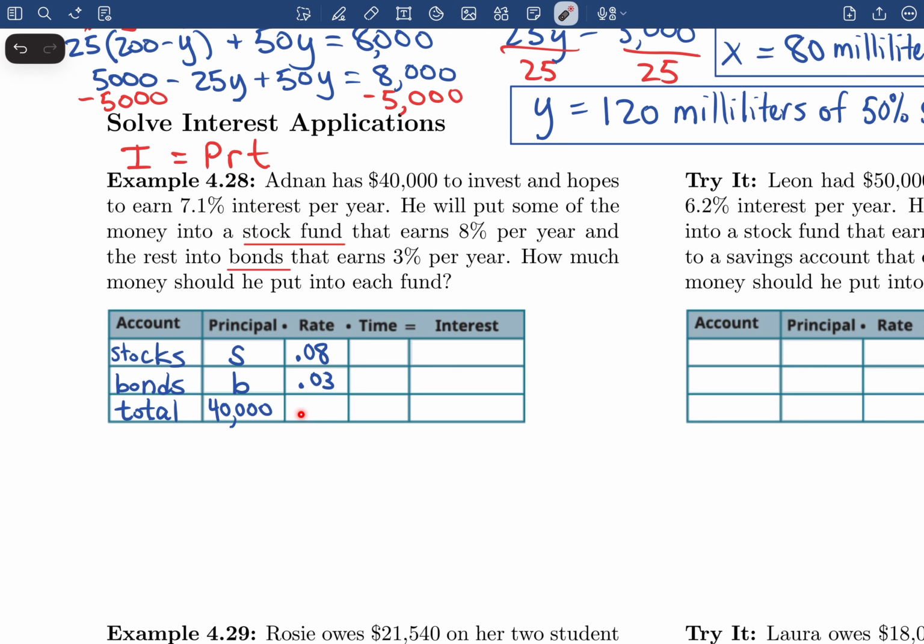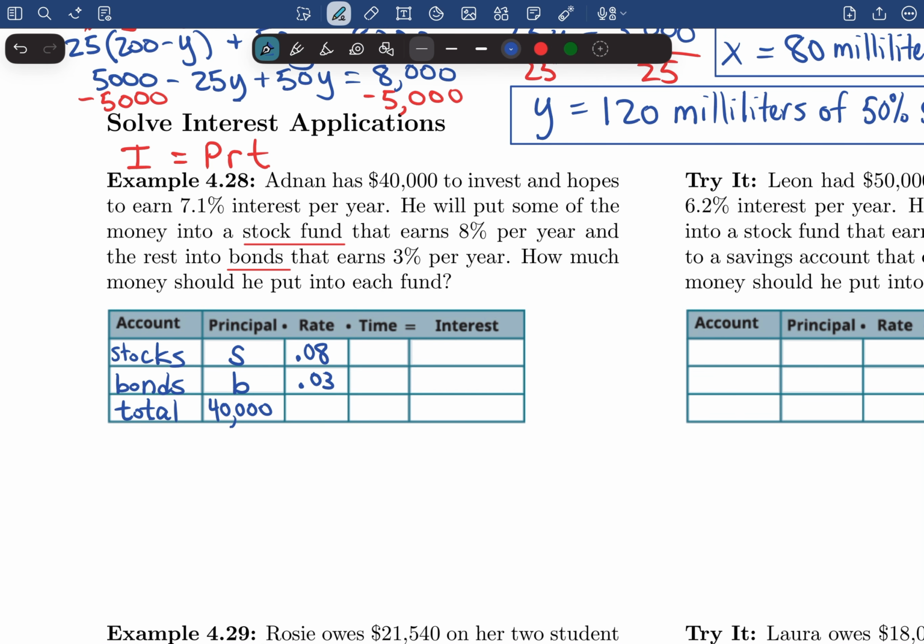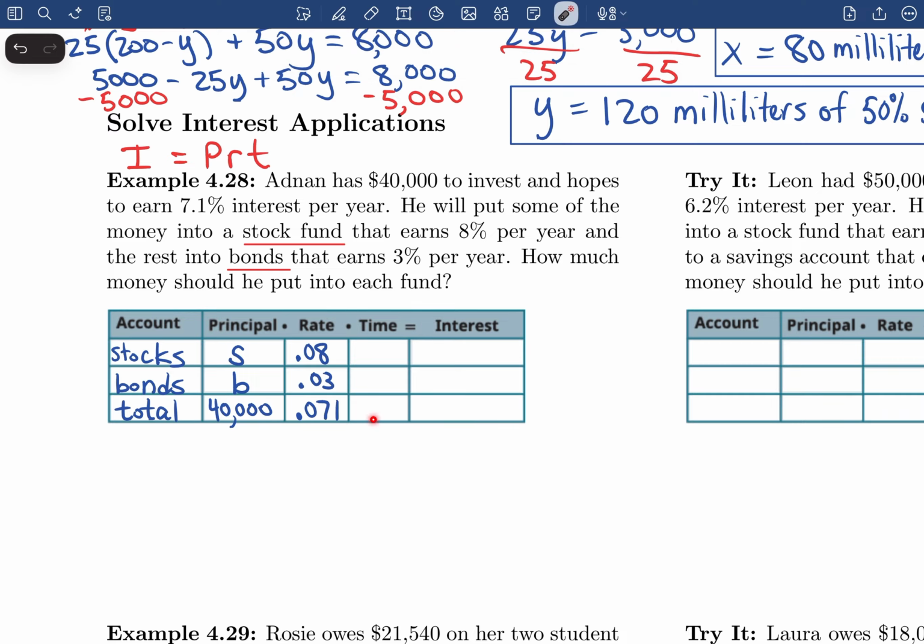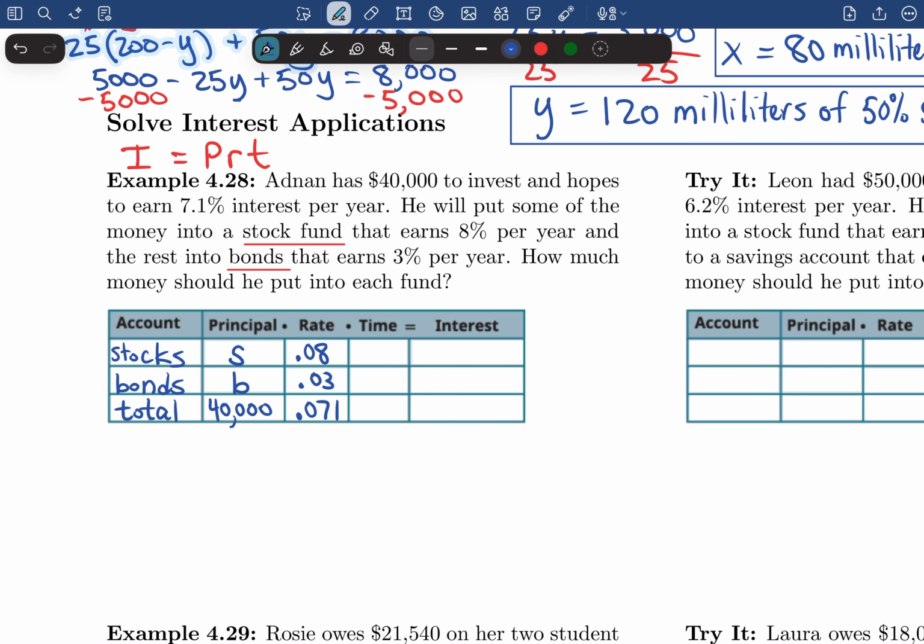So I'm going to put 0.071, right? 7.1% is 0.071 as a decimal. Question that comes up next is, what is the amount of time that we're dealing with? Well, we're talking about per year. Okay, so he wants to invest that and get that interest per year. So I'm just going to put time as 1 year in all the cases. Okay, so just 1, 1, 1.